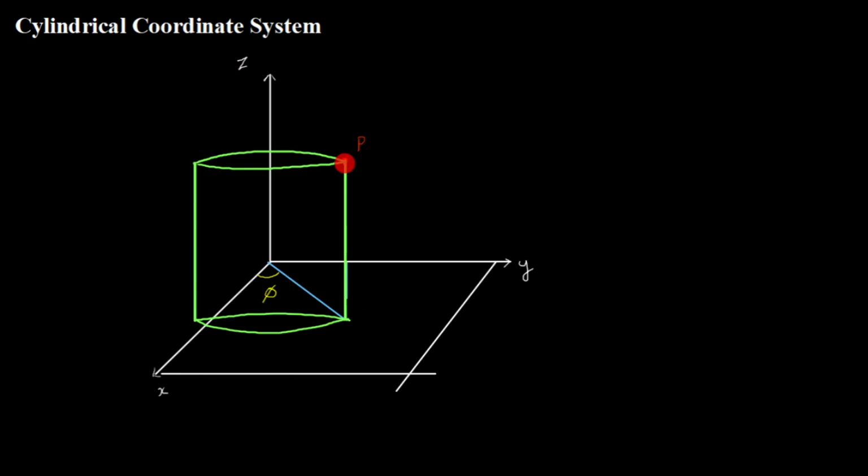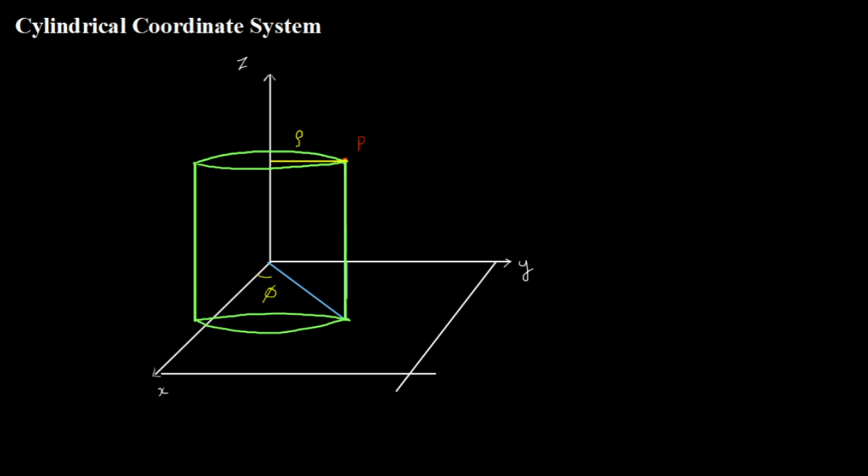So, this point P is located exactly at the top edge of this cylinder. Now, if I know the radius of this cylinder, let me notate it using rho. So I know the radius of this cylinder is rho. Now I have some idea where this point P is. This point P is at a distance rho from the z axis at an angle phi from the x axis. Now what else do I need to know?